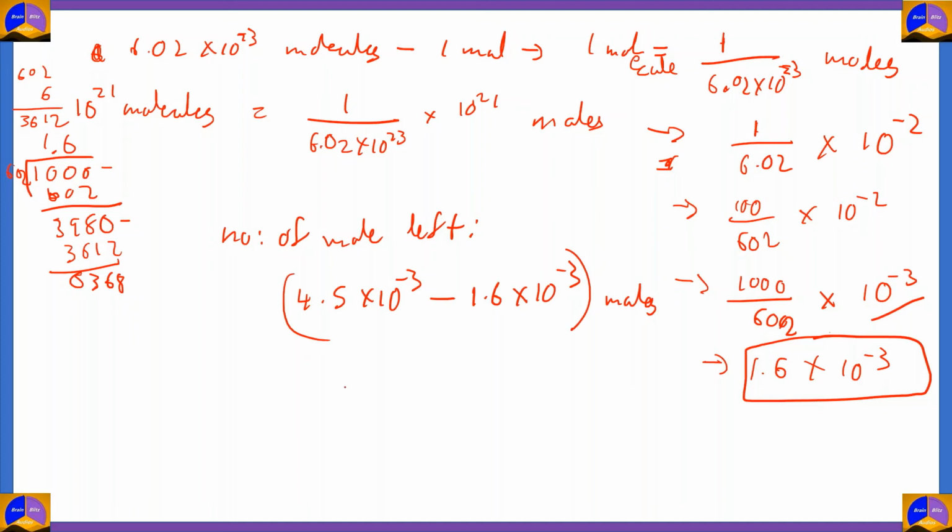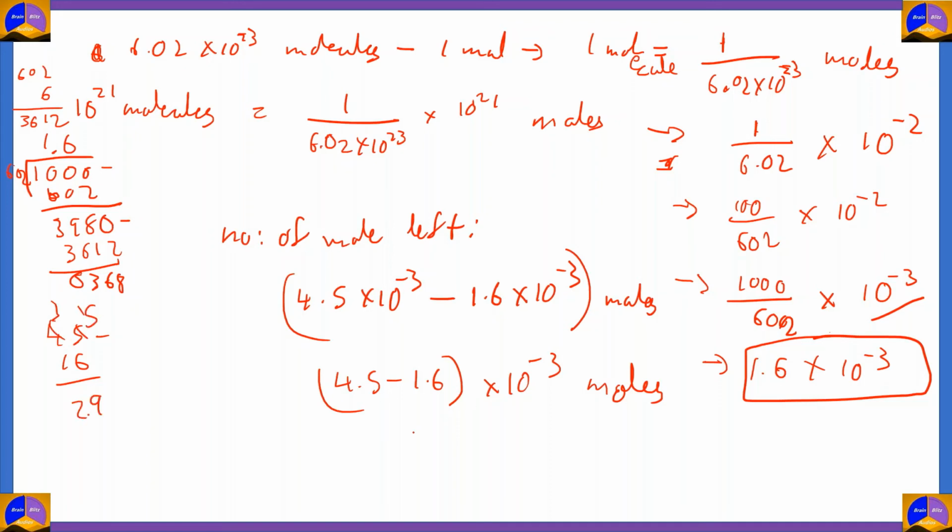Let's take 10 raised to minus 3 common. So 4.5 minus 1.6 into 10 raised to minus 3 moles. So 45 minus 16 is 29. So we'll get 2.9 into 10 raised to minus 3 moles.